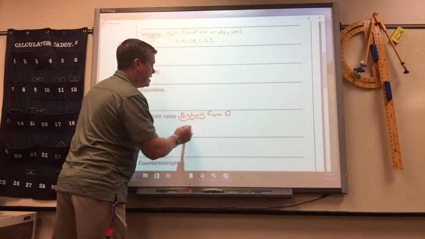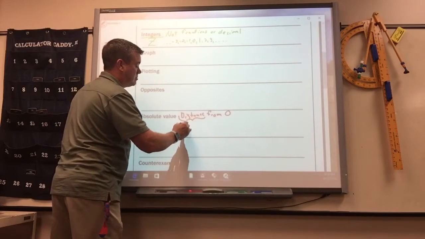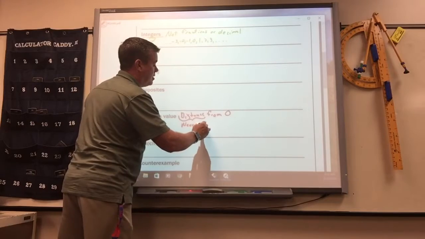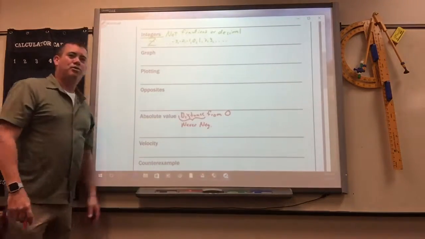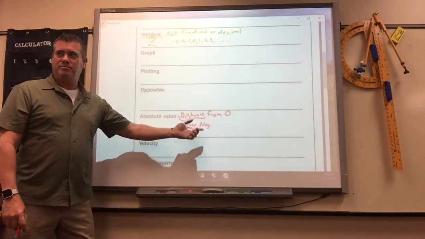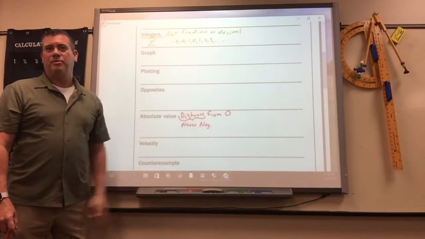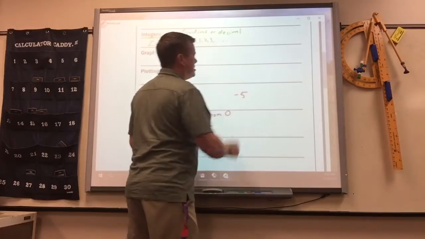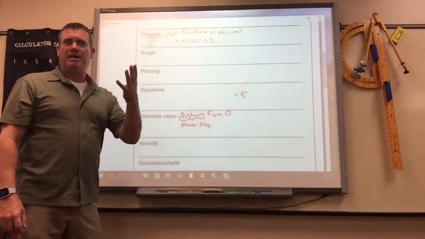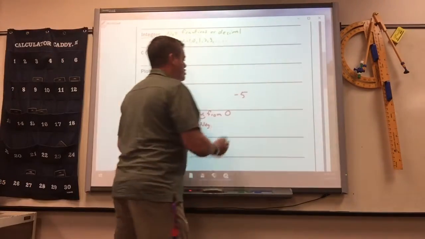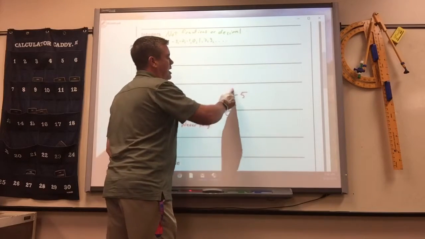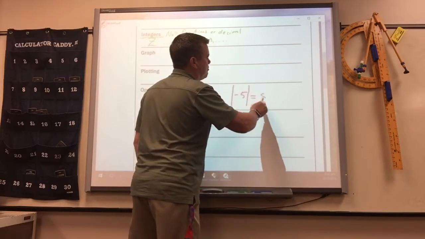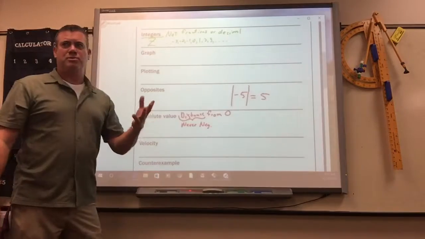Distance can never be negative. So that means absolute value will never be negative. If you had the number -5, how far is that from 0? 5 units. So that's why they get the absolute value. The absolute value of -5 is 5 because it's 5 units away from 0.